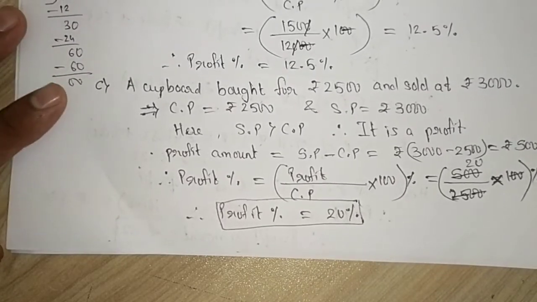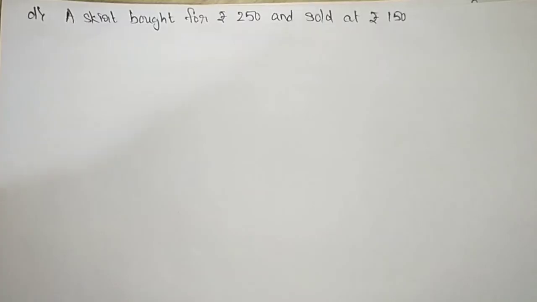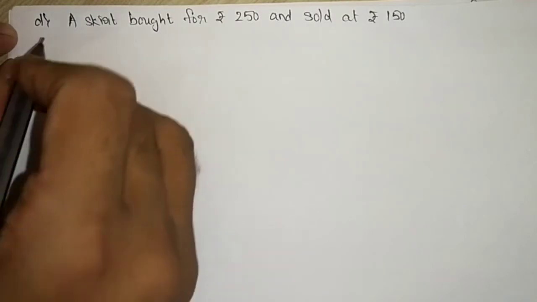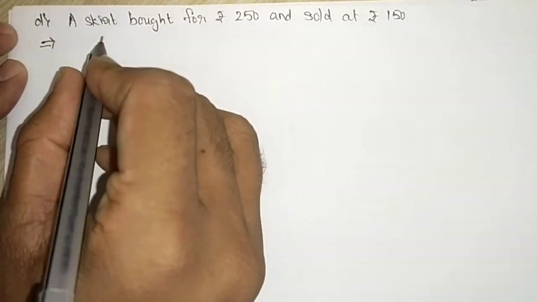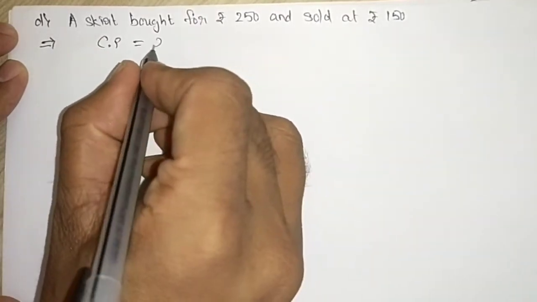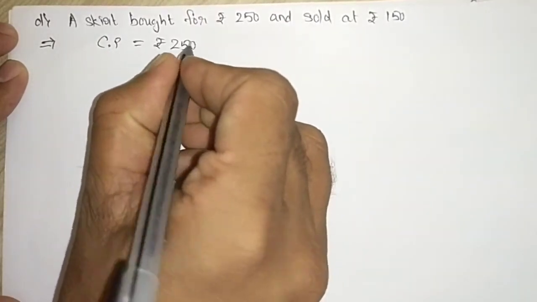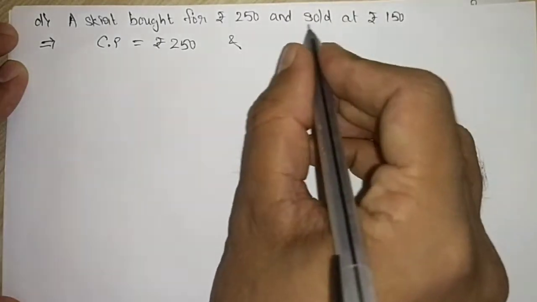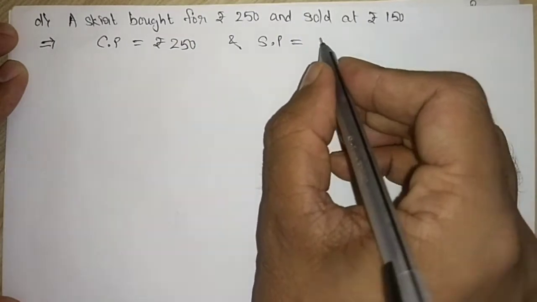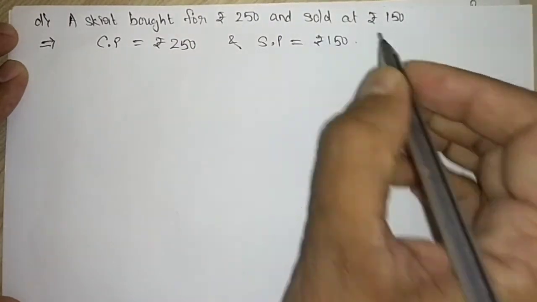Now coming to part D. Part D says a skirt bought for rupees 250 and sold at rupees 150. Here you can see cost price of skirt is rupees 250 and selling price SP is equal to rupees 150.